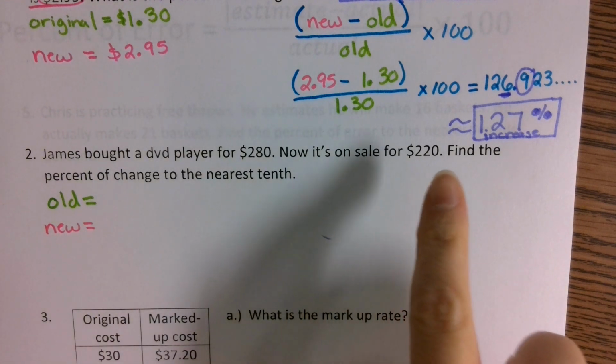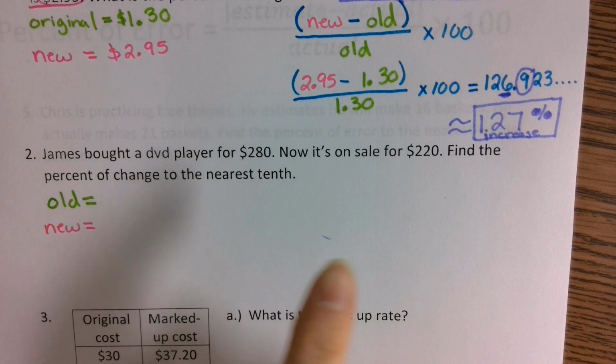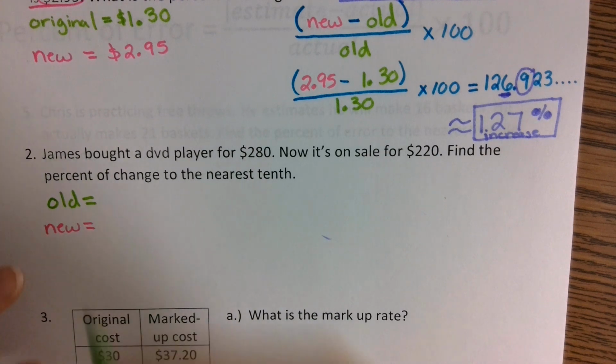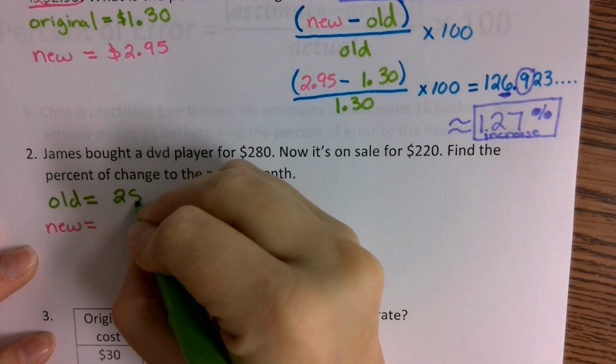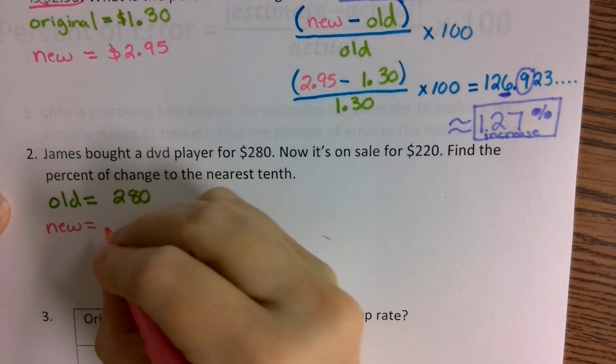Now it's on sale for $220. We want to find the percent of change to the nearest tenth. Which one of those numbers up here is going to represent our old value? 280. So that means that the new value, the new price, what it's on sale for right now, that is the 220. That is going to be our new value.